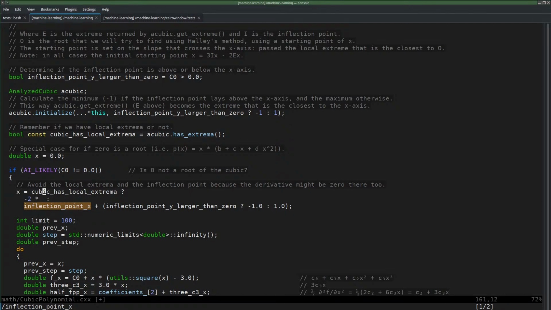This is the starting point. I just want to start at plus or minus 2, apparently.